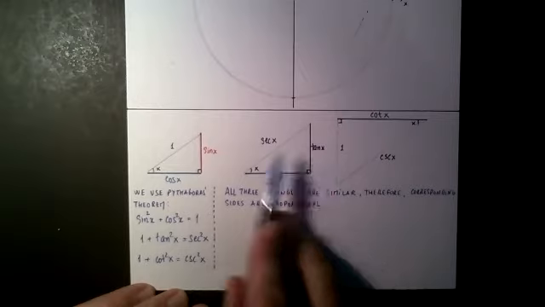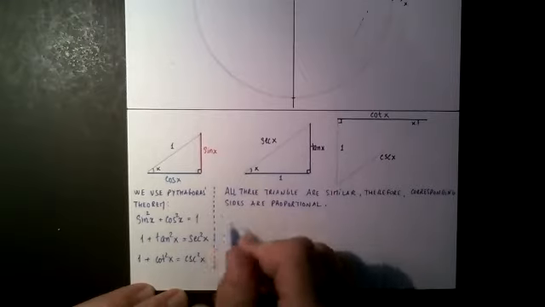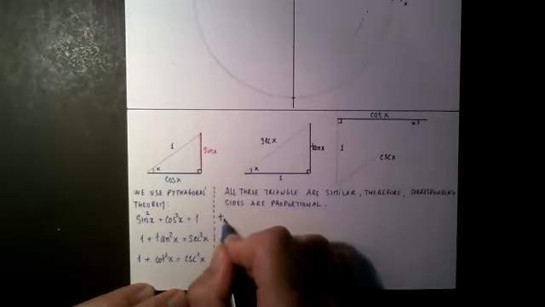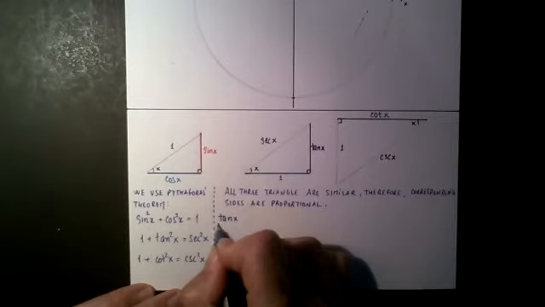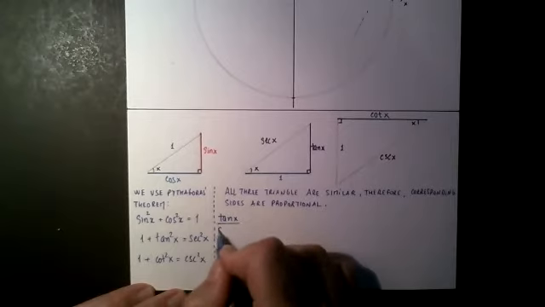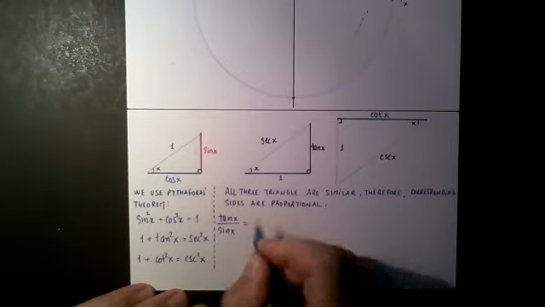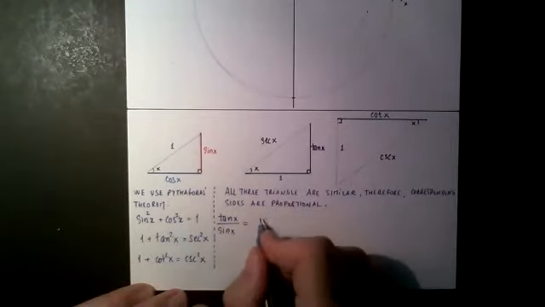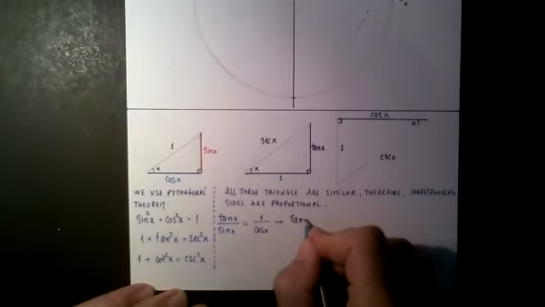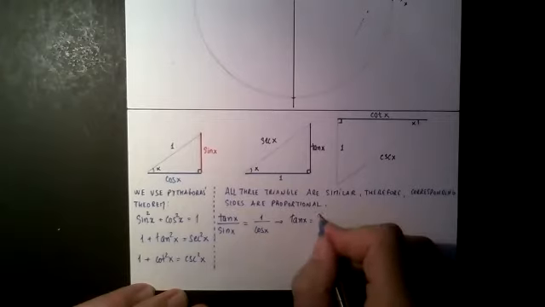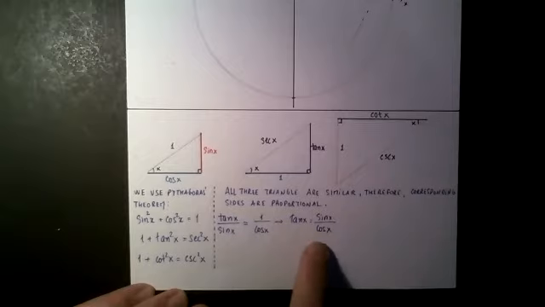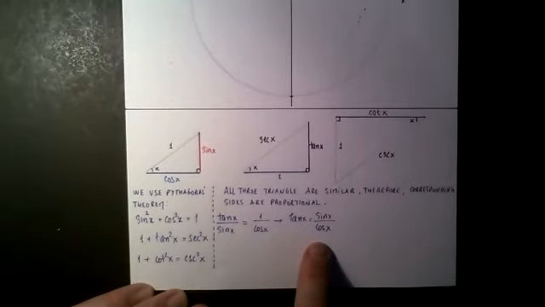So tangent x divided by sine x, I'm going to write this down: tan x divided by sine x has to equal 1 over cos x. Which means if I isolate the tangent, tangent is equal to sine x over cos x. I think you've seen this before, right? I think you know this identity.